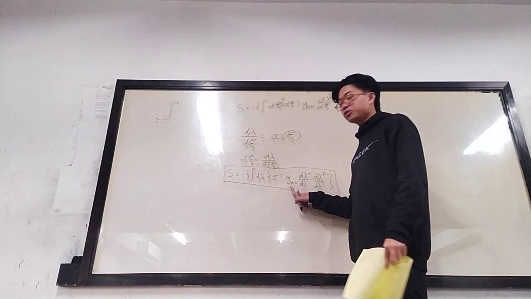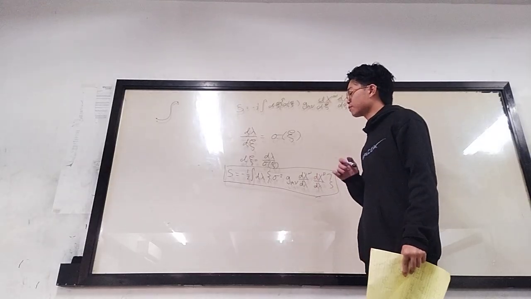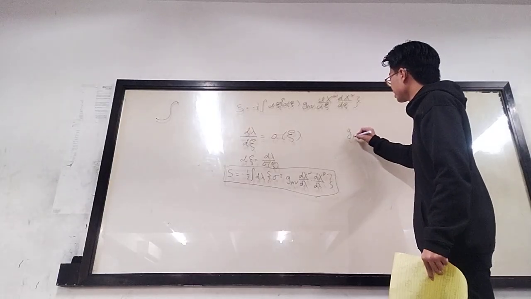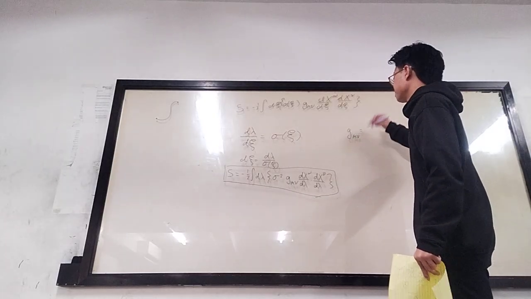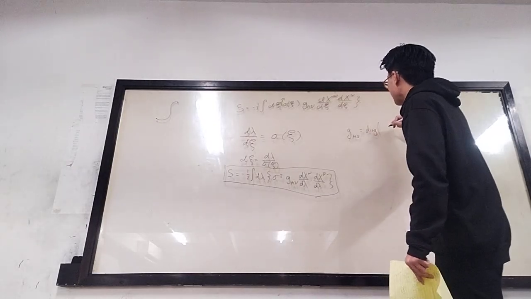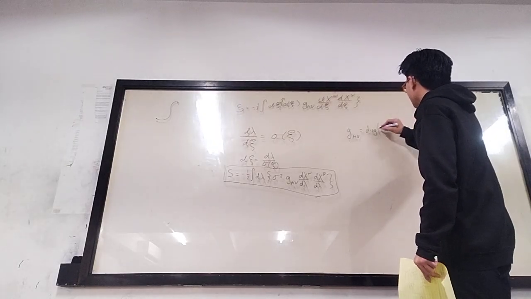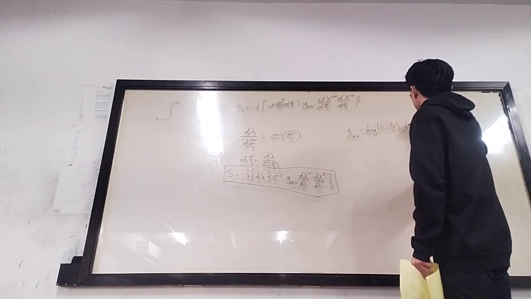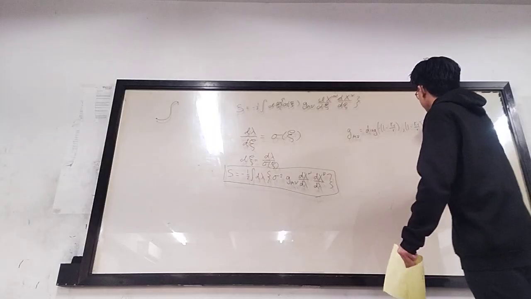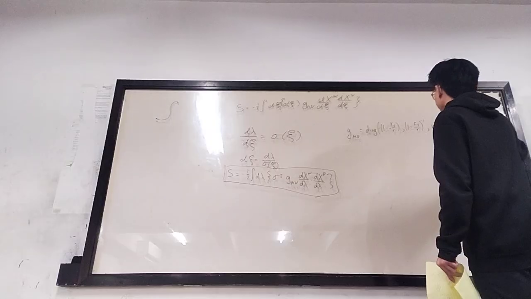Now let's consider g mu nu for Schwarzschild spacetime. Recall that the Schwarzschild metric is essentially the tensor with diagonal components 1 minus rs over r, negative 1 minus rs over r, all raised to negative 1, r squared, and r squared sine squared theta.